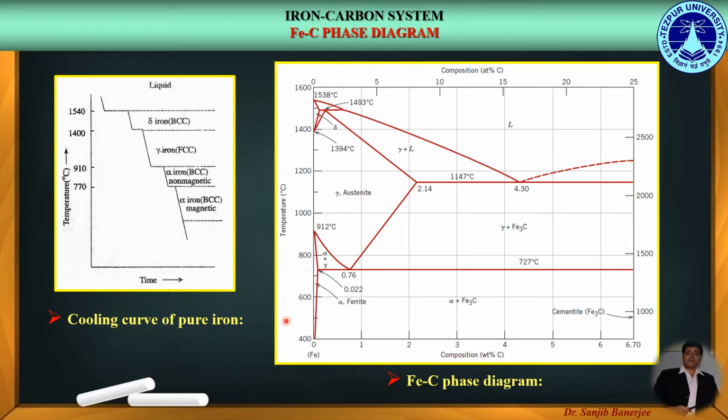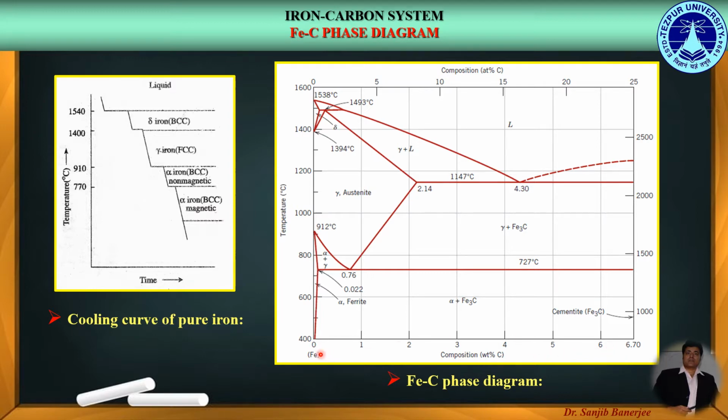Here, in this figure, we can see the iron-carbon phase diagram, where the y-axis is represented by the temperature scale, while the x-axis is represented by the increasing composition or weight percent of carbon.